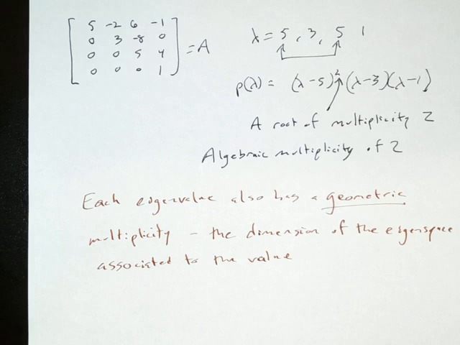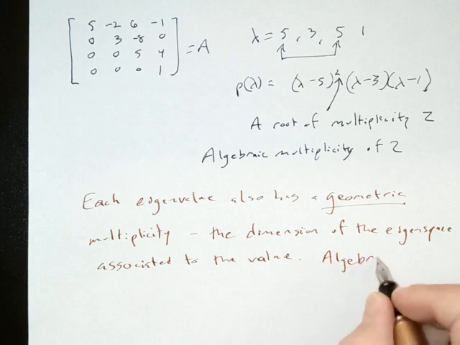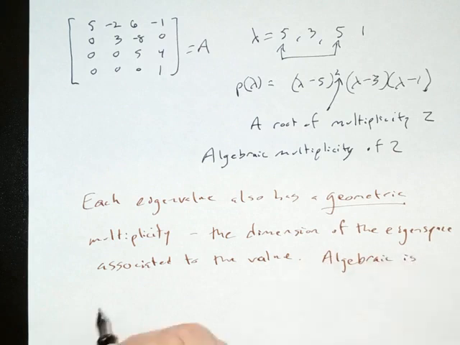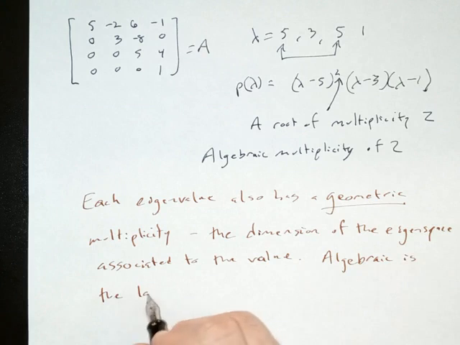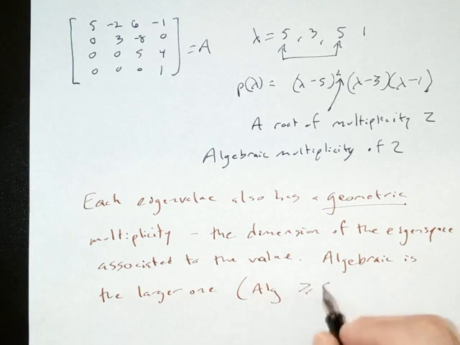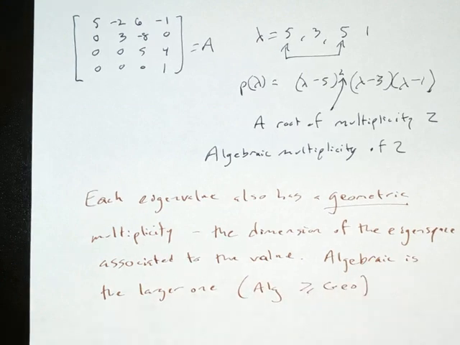I don't know until I work out the eigenvectors and get a basis. The algebraic multiplicity is bigger than or equal to geometric multiplicity.